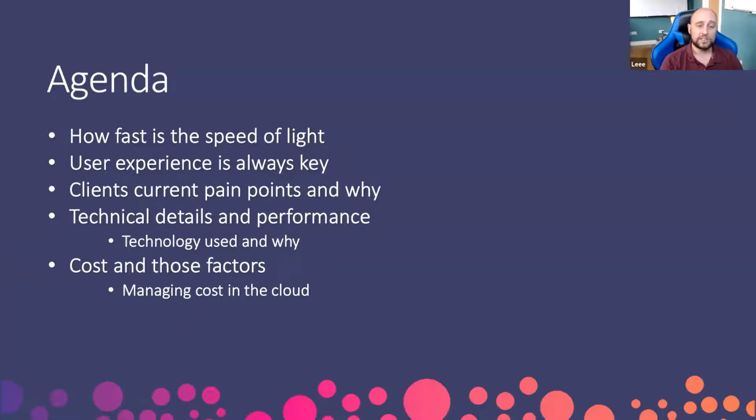We're going to look at analysing our current employees' areas of pain and communicating that back to IT and a management team in an effective way. I'll cover the technical details of a specific example and performance before and after changes have been made to that environment. We'll also be looking at the cost of the particular solution that addressed the problems, so you can understand exactly what that looked like as well.